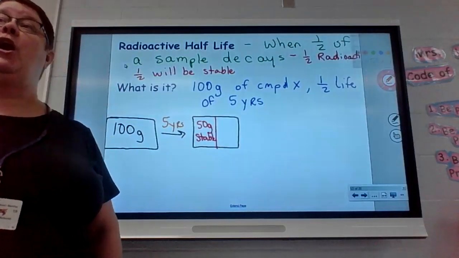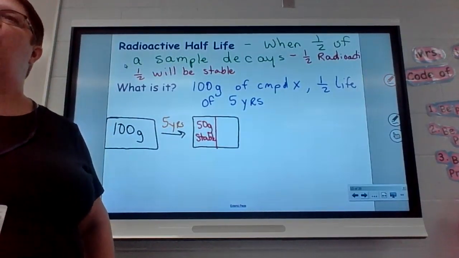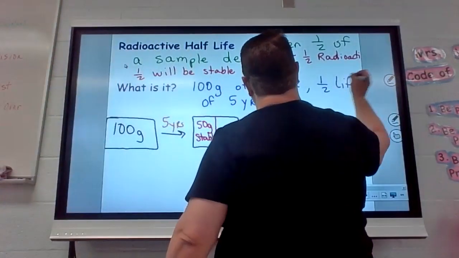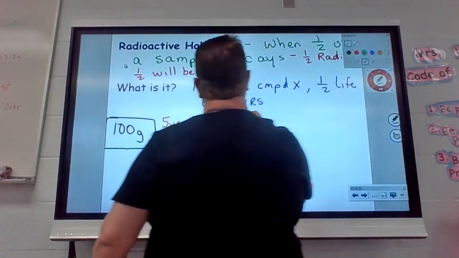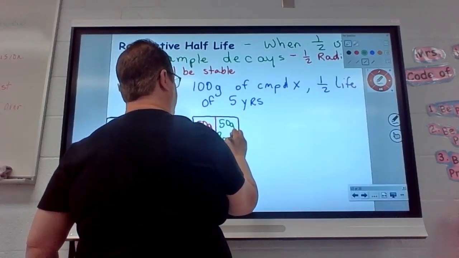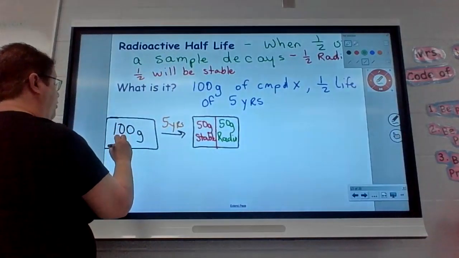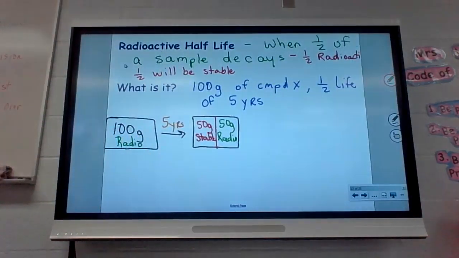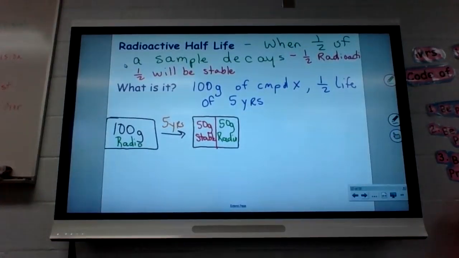But the other 50 grams is now still going to be what, though? Still going to be deadly, still going to be radioactive. So was it radioactive before, or is it? All of it is radioactive before. All right, so let me write radioactive over here. So the initial 100 grams is some kind of radioactive goo that is nuclear waste of some kind.